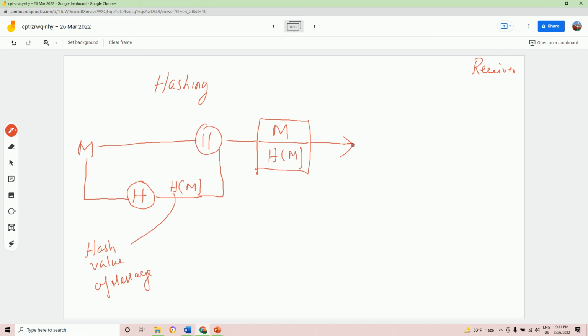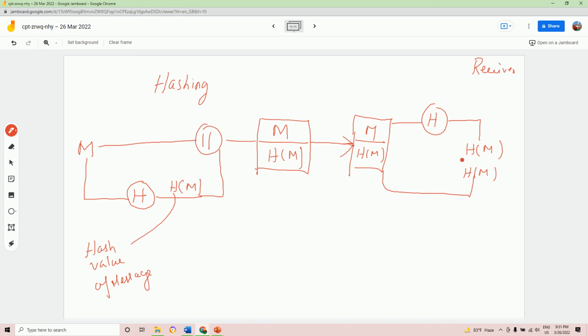The receiver has the message and the hash of the message. The receiver again calculates the hash value, and he gets h of m again. Now you have this h of m, which was sent by the sender.